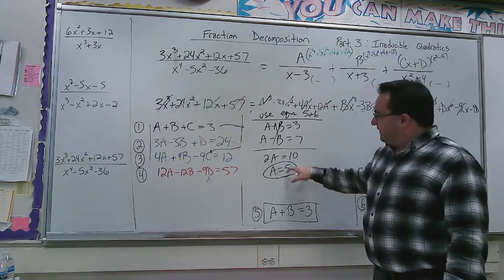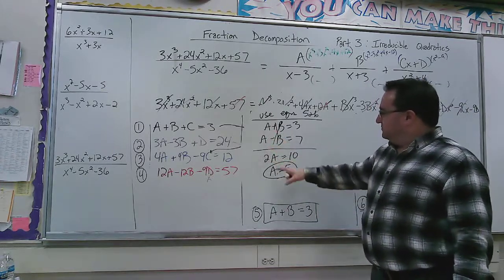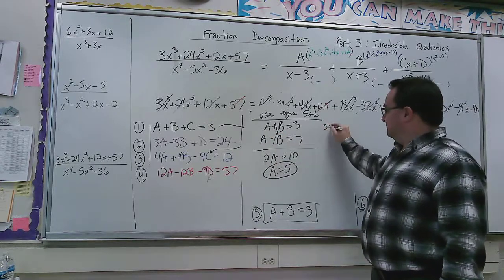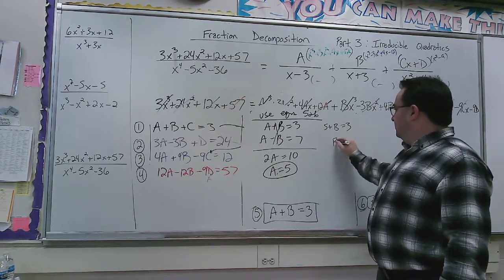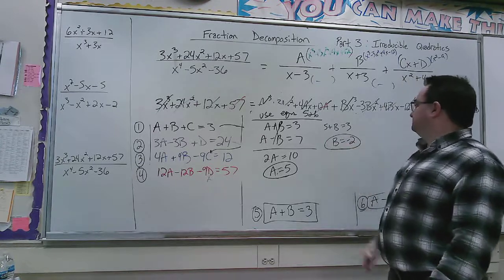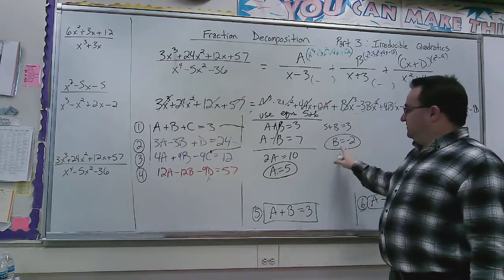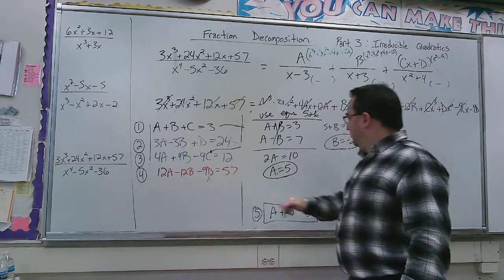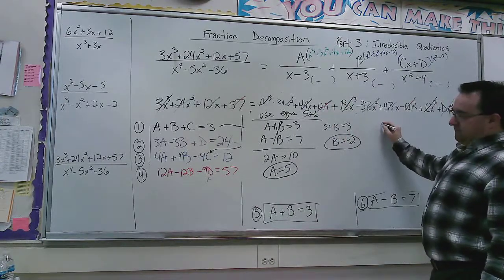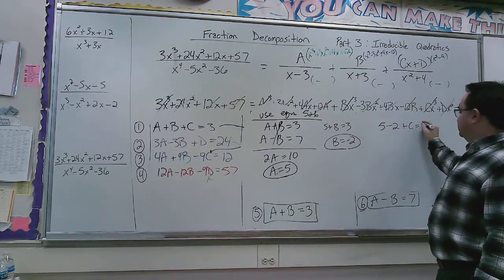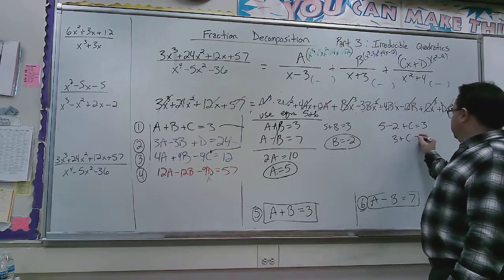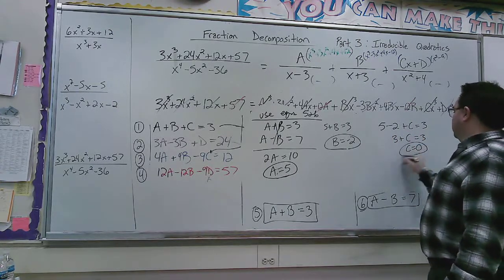If A is 5, if I plug that into one of these equations, let's say here, then B is minus 2. And if B is minus 2 and A is 5, if I plug them in here, I would have 5 minus 2 plus C is 3. 3 plus C equals 3, so C's got to be 0.